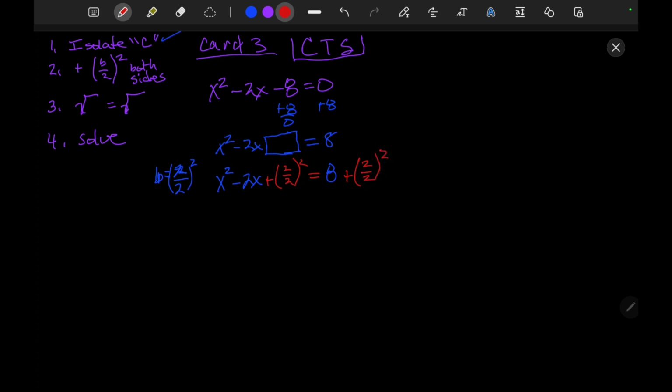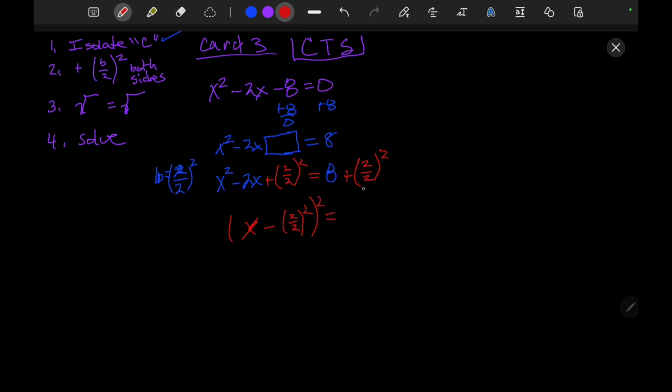And when we get that, we now know that this is the same as x minus 2 over 2 squared, right?